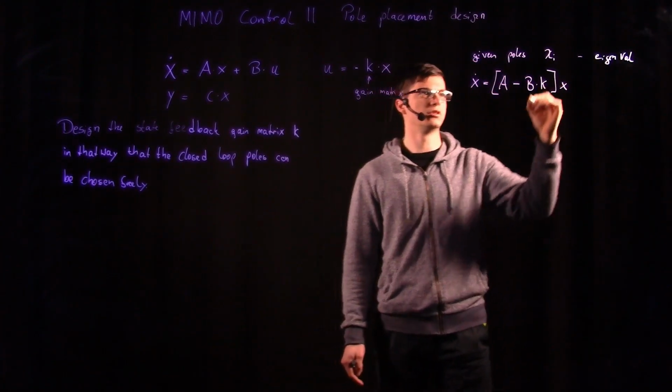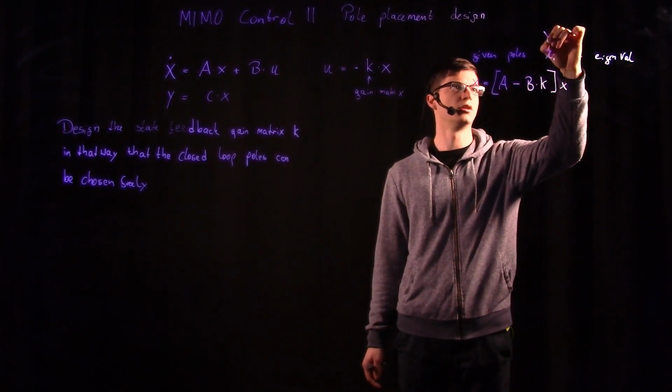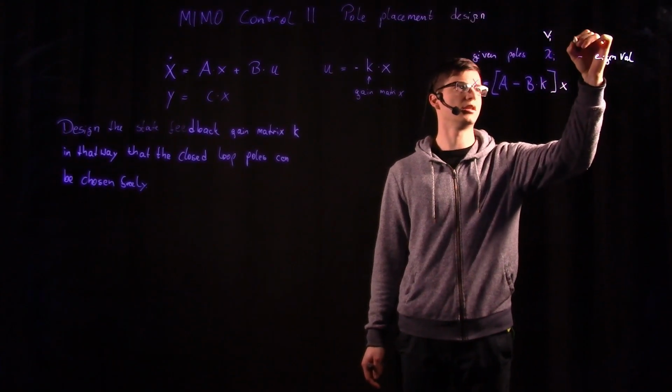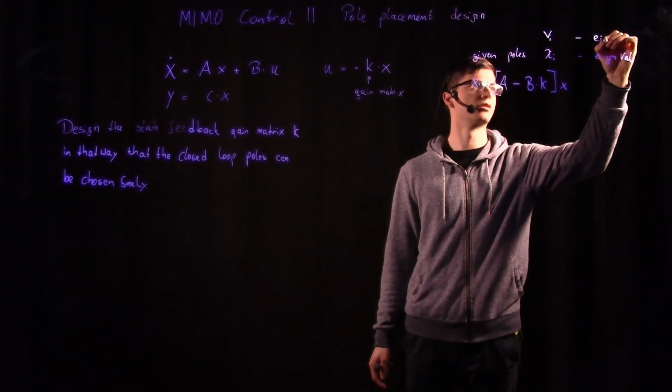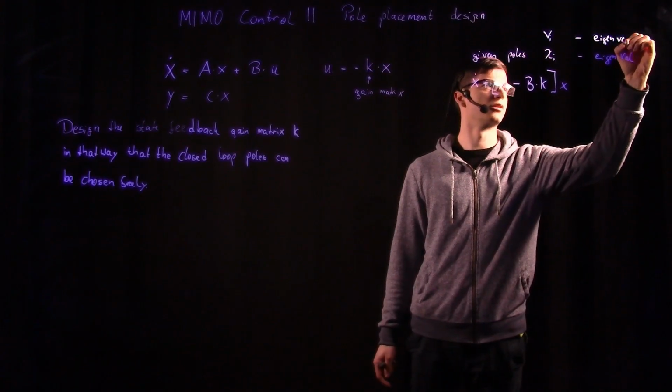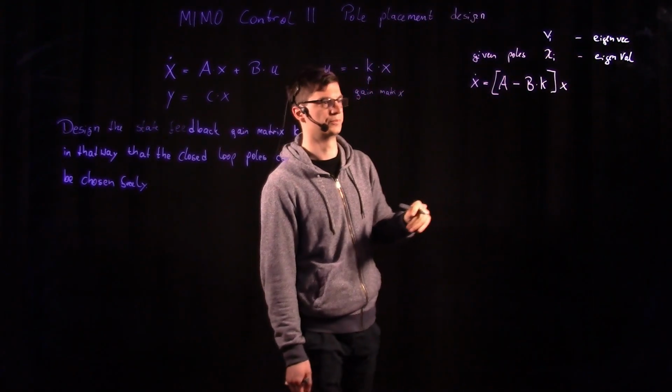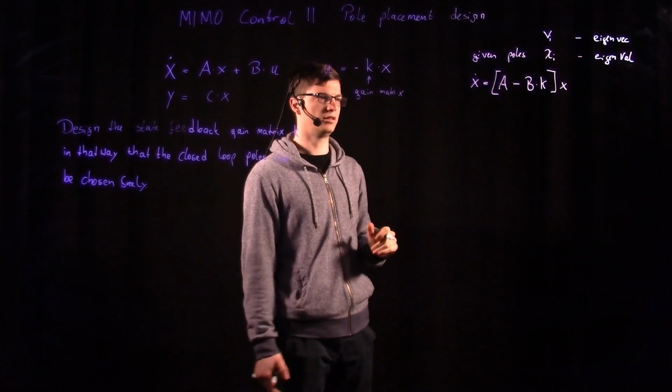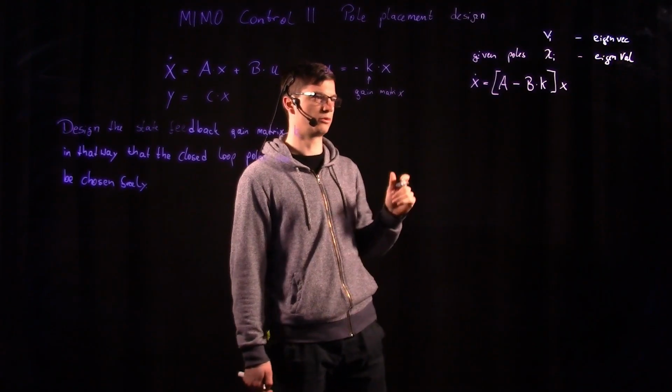And then we will need some v_i, and those are the eigenvectors of this expression. And then we can write the eigenvalue problem in the following form. No problem.